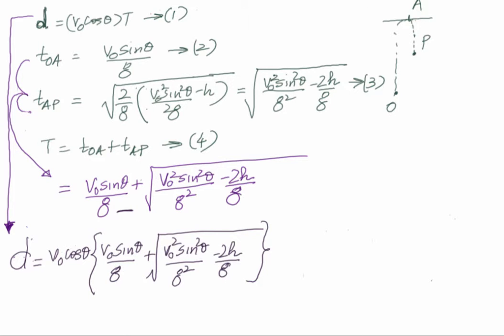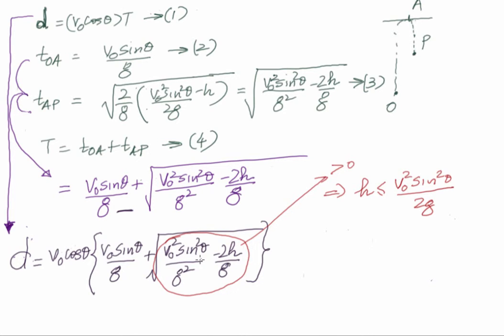Note that this answer really makes sense if the quantity under the root is greater than 0, which implies h should be less than or equal to v0 square sin square theta by 2g, because otherwise this will be the root of a negative number, which is an unreal value.